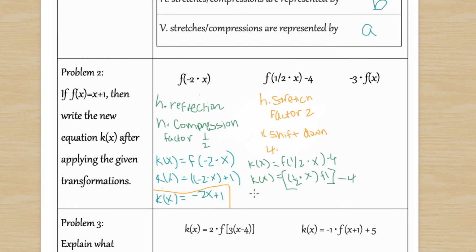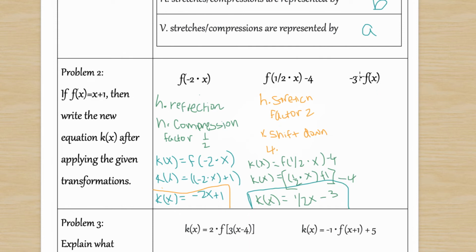And so now we're finally just going to simplify, and we're going to end up getting k of x is equal to 1/2 x minus 3. And that is going to be our final transformed equation for this one.